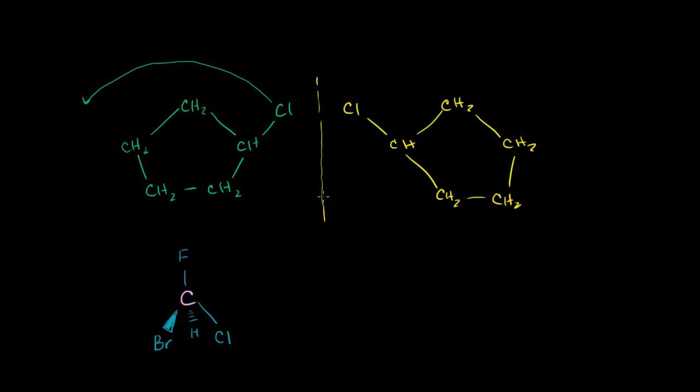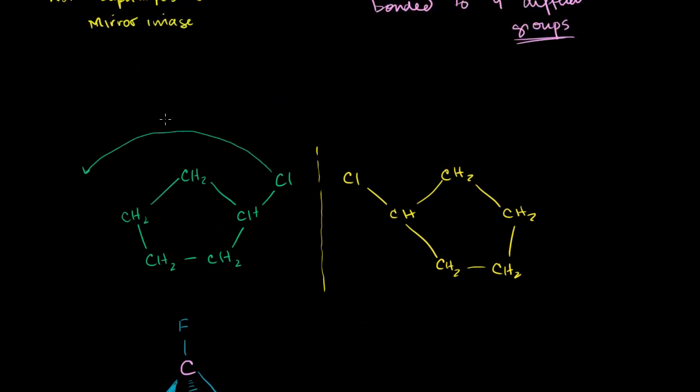It would look a little bit different. It would look like this. Let me see if I can do it justice. So let me do it up here where we have a little bit more space. If I were to rotate this about that far, I would get a CH.